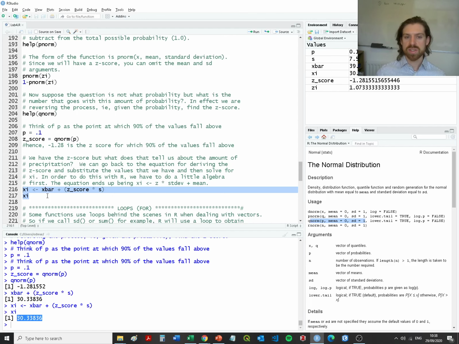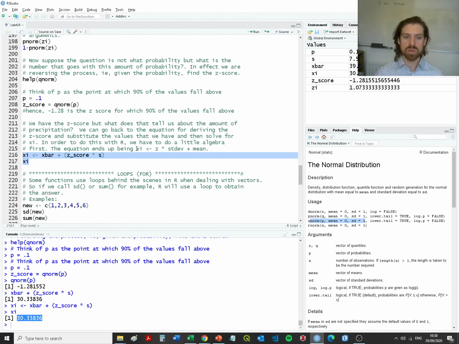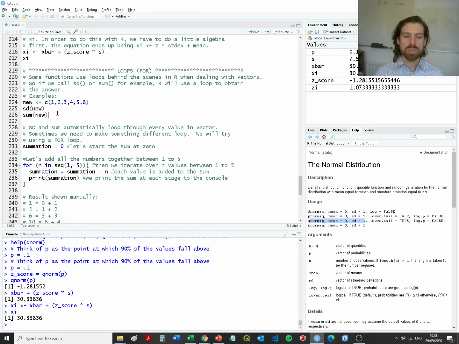Okay, so that brings to a close the use of the various different distributions that we've covered within the lectures. Before we end, I'm just going to go again over the use of for loops. We've covered these qualitatively already within the course. I've explained that a lot of this work was done manually using a calculator 100 years ago.